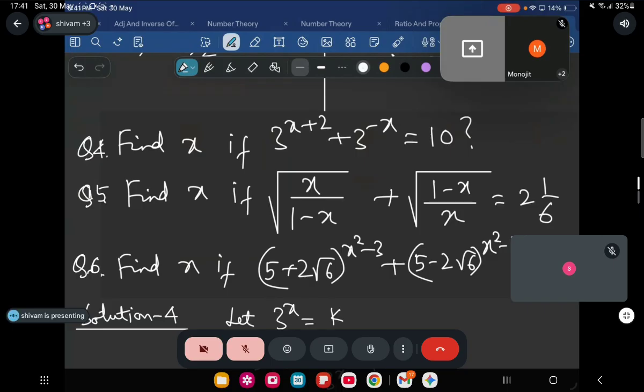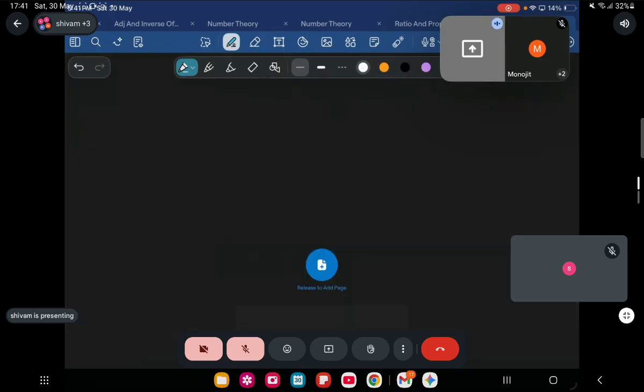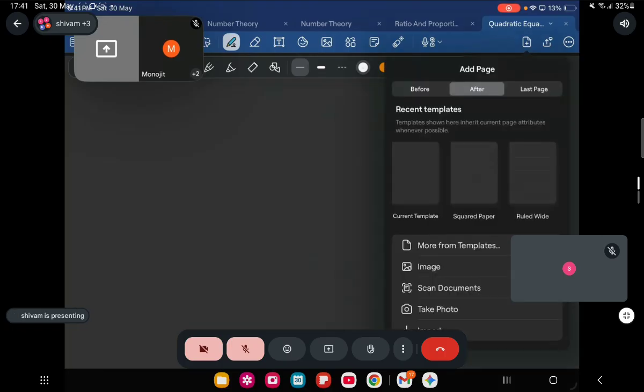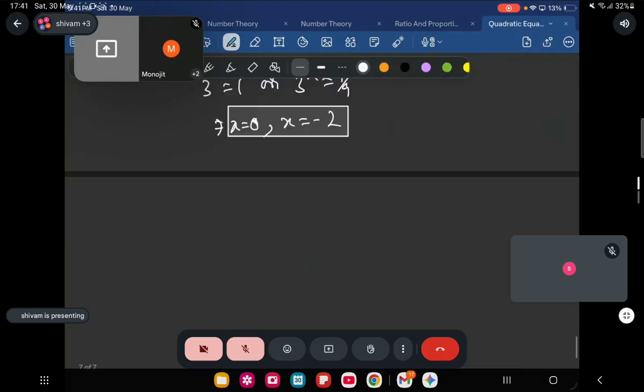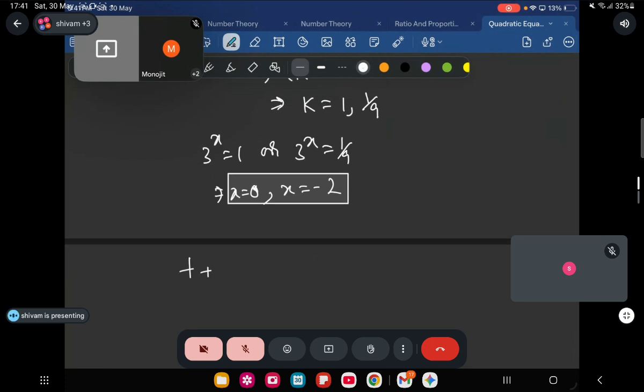Okay, everyone. If I take t as the first one, the other one will be 1 by t. Tell me, everyone. Okay, so what will you get? You will get t plus 1 by t is equal to how much?